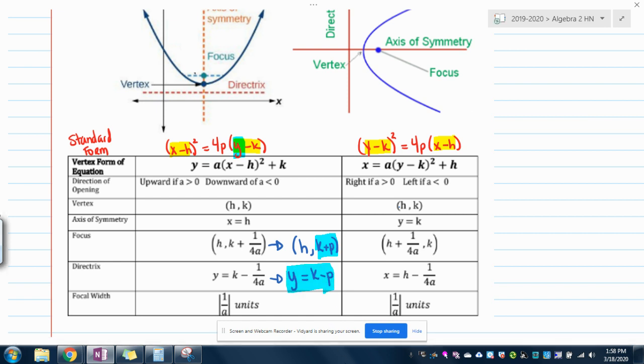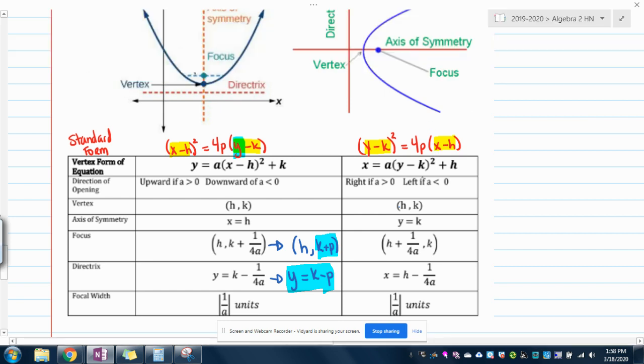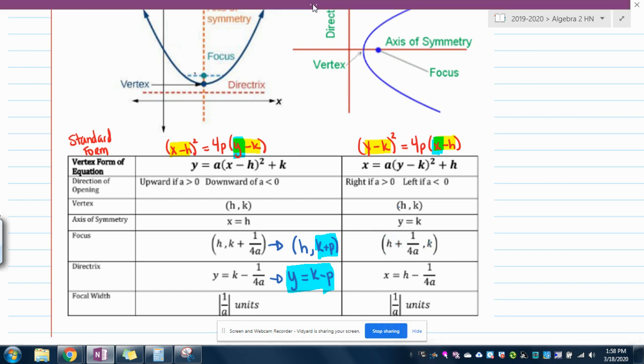That is the pattern. Here, it's going to be the complete opposite, right? So I have x being squared. y is by itself, it's not being squared. So that means that x is the thing that's changing.